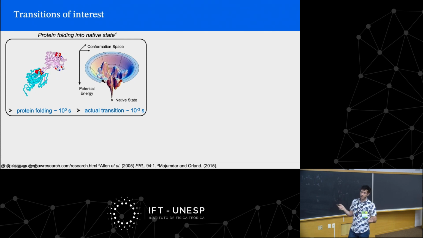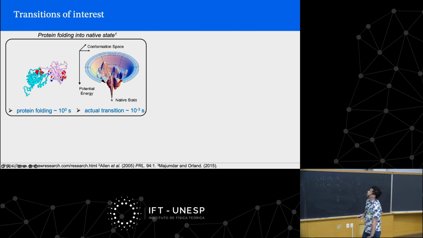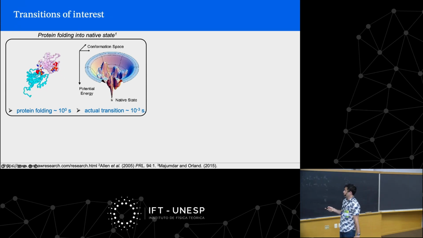This is a question which appears in many different fields. For example, in protein folding, the general question is, this function here would represent the potential energy landscape of the protein. So here it's 2D, but in general, it depends on all the coordinates of the monomers of the protein. But if you isolate some reaction coordinates in 2D, you would have something like this, where you have a very rough energy landscape.